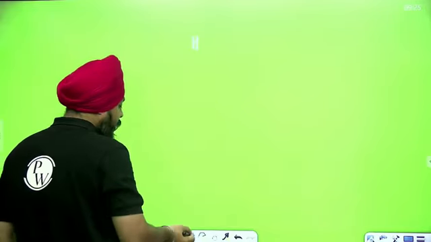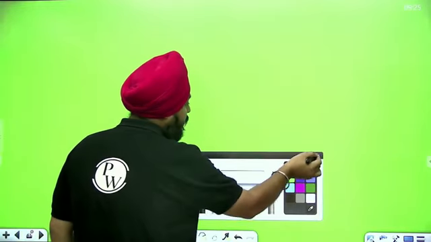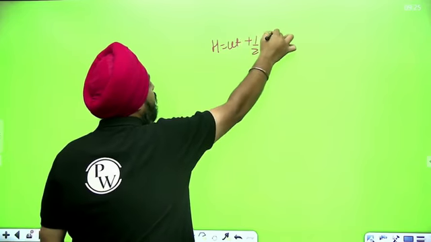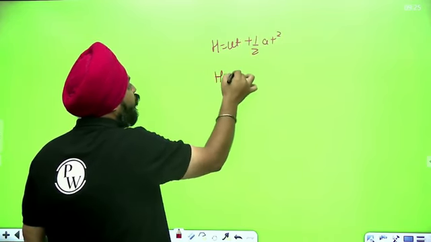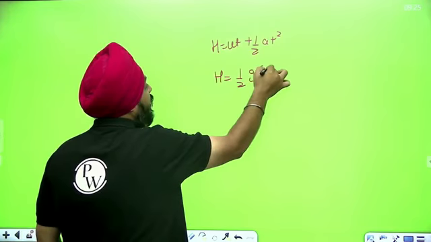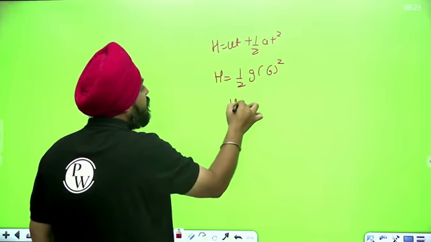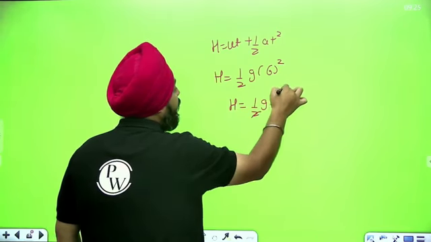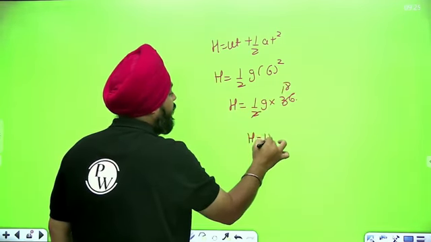h is equal to u t plus half a t square. We need to calculate h, u is 0, so half into g into 6 square. h is equal to half into g into 36, so height is 180 meters.